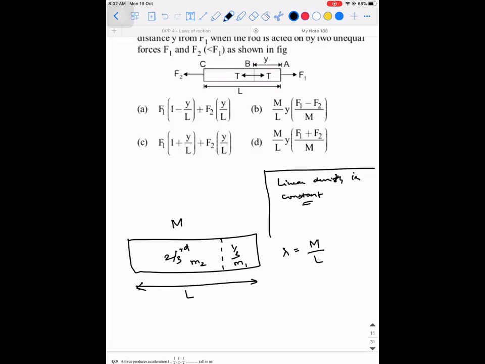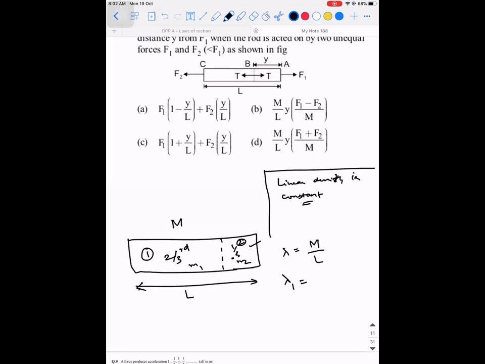If I ask you what is the linear density of the first portion, I'll take this as first and this as second. I'll change it to M1 and M2, such that M1 plus M2 is M. So what is lambda 1?